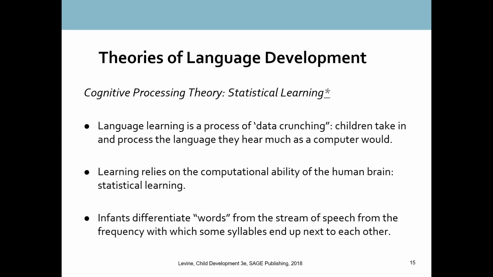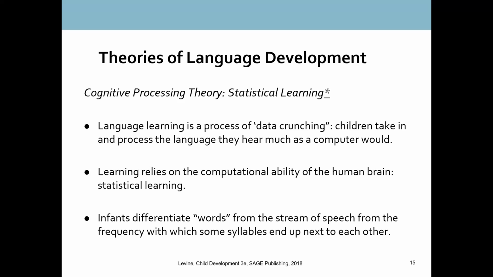But there aren't too many things you can hear after you hear the sound Ellie: elevator, elephant, element. There's only a few continuations. So that's known as a high transitional probability between syllables. When there's a high transitional probability, meaning that two sounds often follow each other, that is suggestive that they're part of the same word.